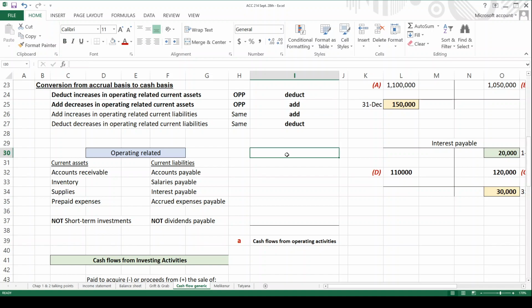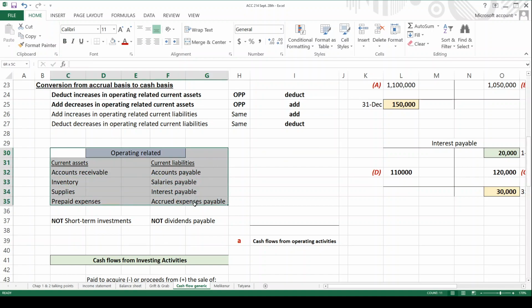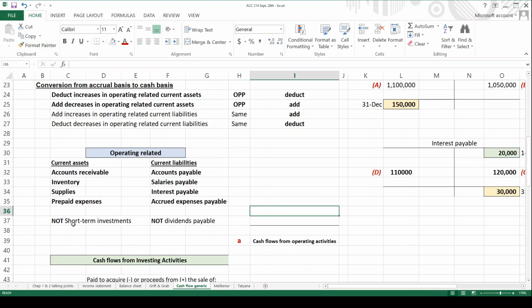Okay, now we have all that, and I have a list of operating related current assets and liabilities over here. As I mentioned earlier, investments or short-term investments, even though they're current assets, you're not going to include. Why? Because that would be an investing activity, which is coming up. And dividends payable is a current liability. You're not going to include that. Why?